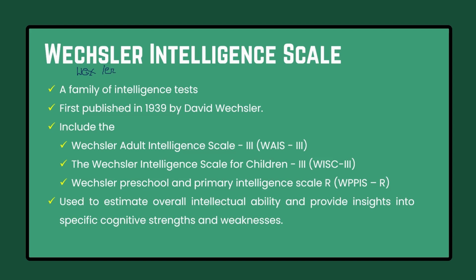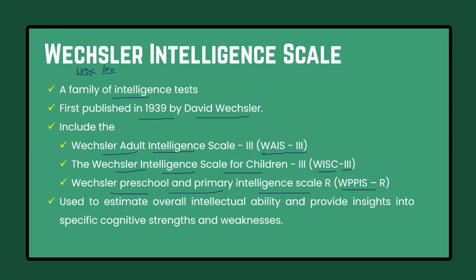It is a family of intelligence tests, first published in 1939 by David Wechsler. It includes the Wechsler Adult Intelligence Scale 3, this is WAIS 3, Wechsler Intelligence Scale for Children, which is WISC 3, and Wechsler Preschool and Primary Intelligence Scale R, WPPSI-R.